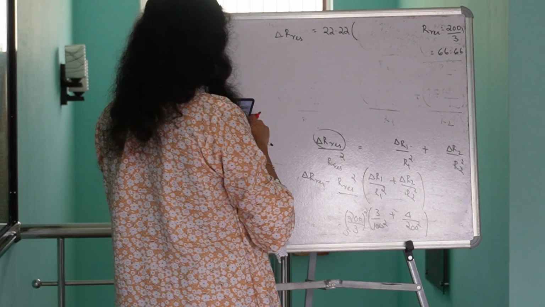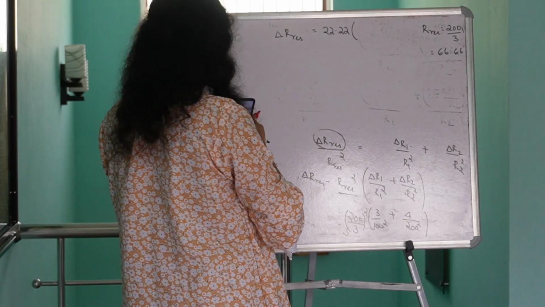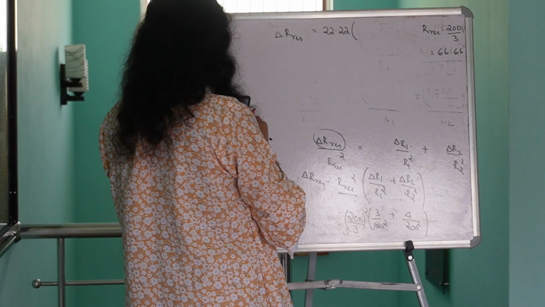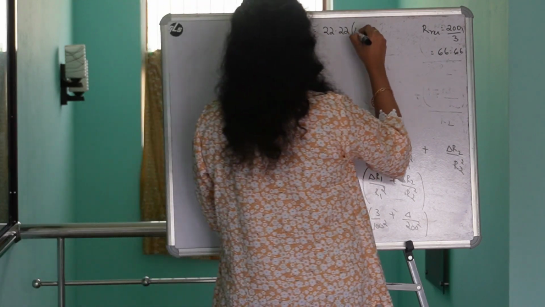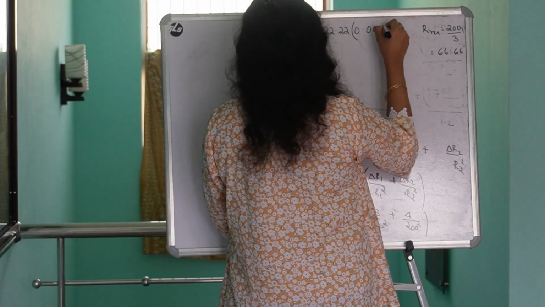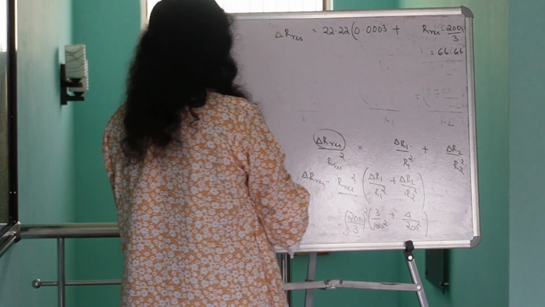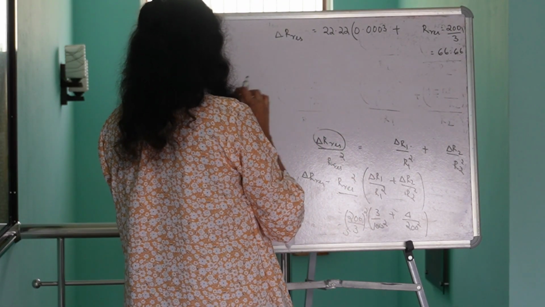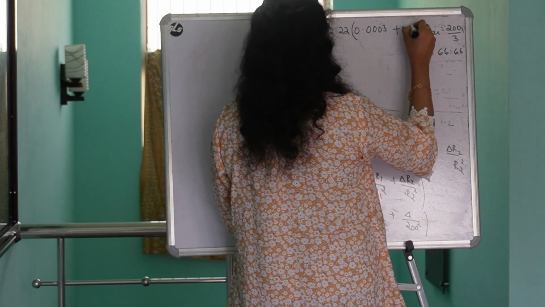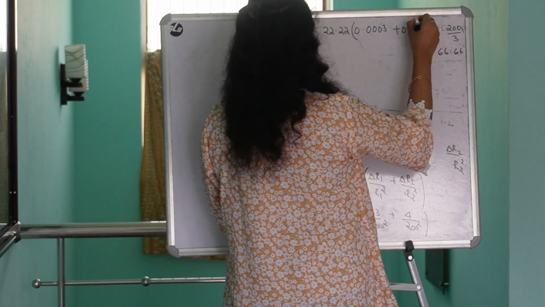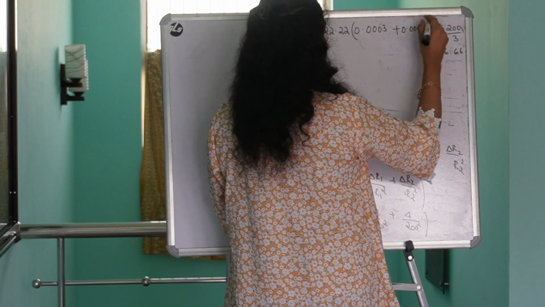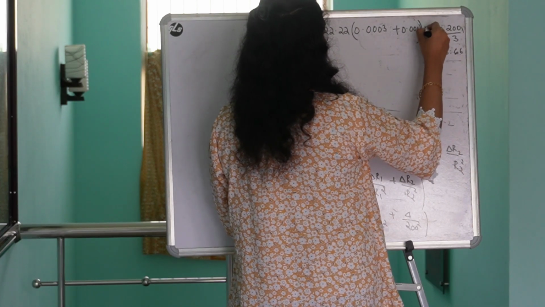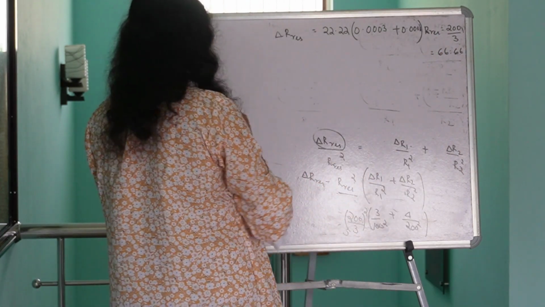Now I am going to find 3 divided by 100 square, that is equal to 0.003, plus 4 divided by 200 square, that is equal to 0.001. Okay, 0.001.